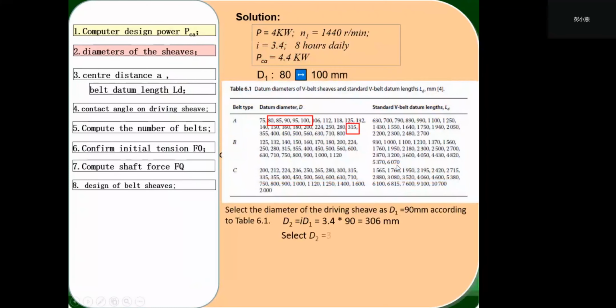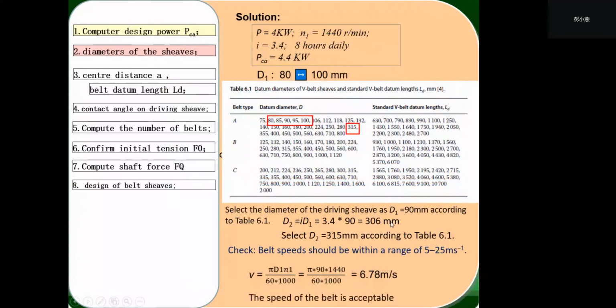Okay, for this, the D, we choose D as 90 millimeter, okay? D is in millimeter, and V is in meter per second. So we should change millimeter to meter, so it should be divided by 1,000.